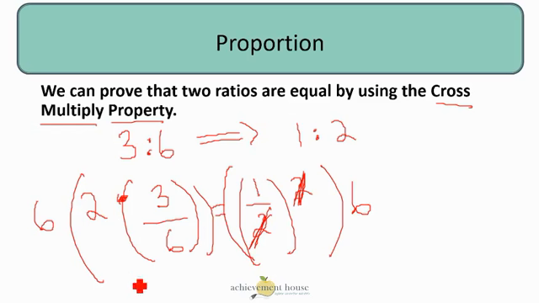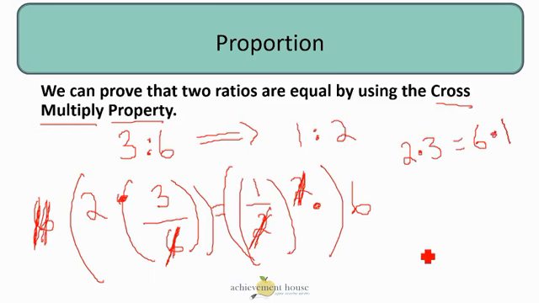And so what will happen on the left side now is that the 6's will divide to 1. And essentially, I'm only multiplying the right side by 6, and I'm getting rid of the 6 in the denominator on the left. So what it will look like is 2 times 3 equals 6 times 1.